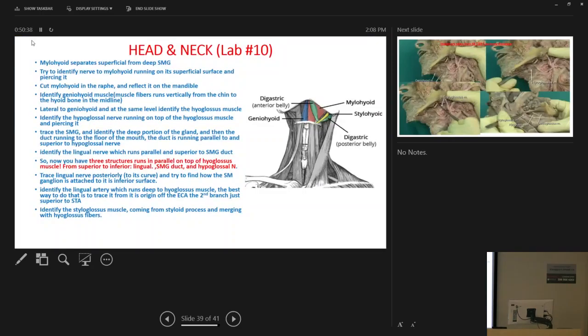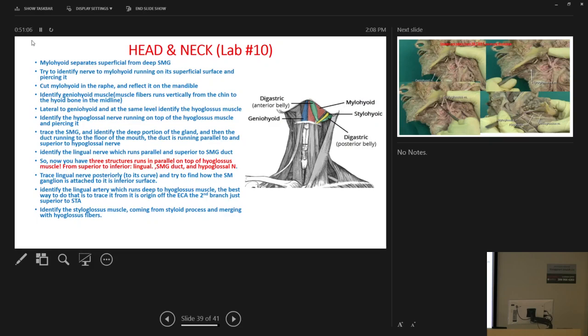Like my expectations. First of all, I would like you to do 2 types of dissection. A dissection from without, from outside, and a dissection from within, from inside. The dissection from outside. If you remember, when we left the submandibular and submental triangles, we left them just like that.